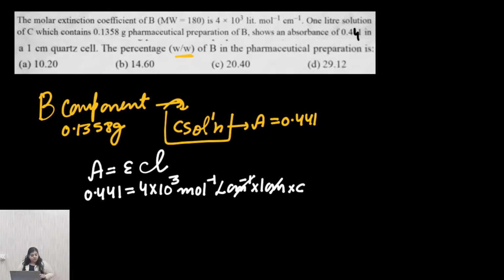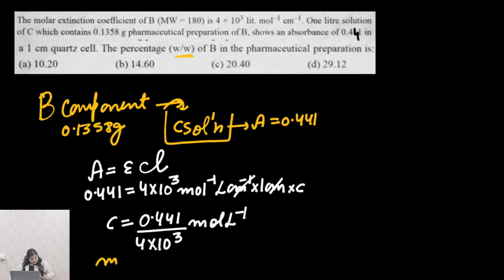So the C value we will get as 0.441 upon 4 into 10 raised to the power of 3, and the units will be mole per liter. So this is the molarity. Now concentration is the number of moles of the solute upon the volume of the solution in liters, which we get as 0.441 upon 4 into 10 raised to the power of 3 mole per liter.